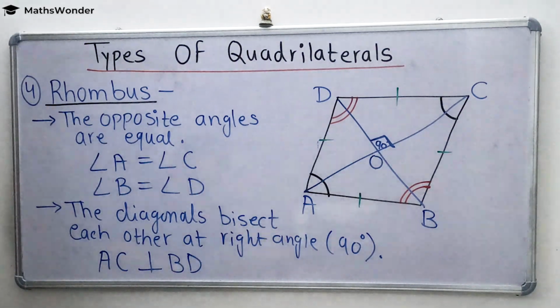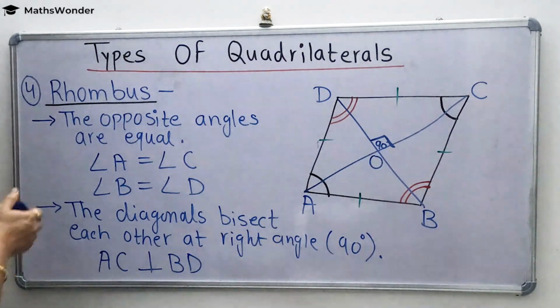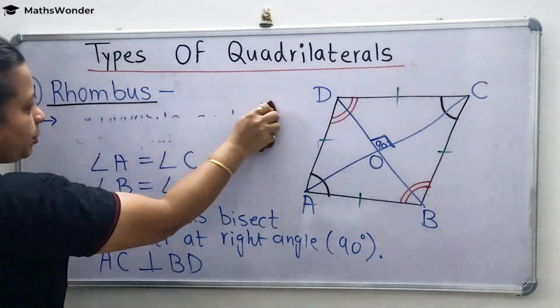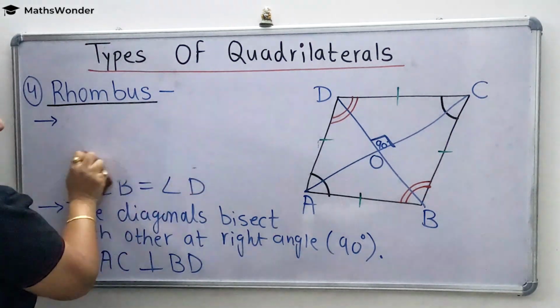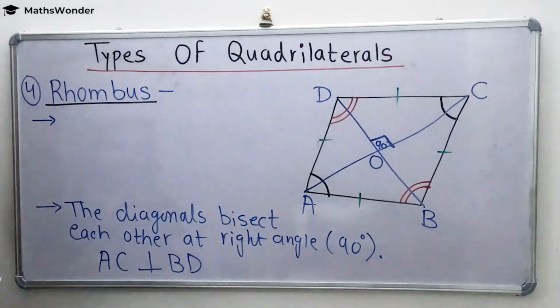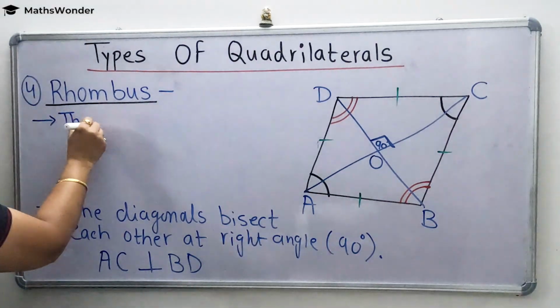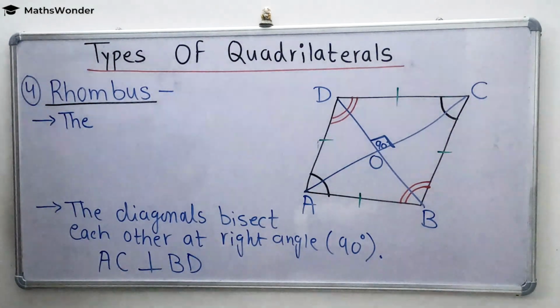Now the last property, the fifth property: the diagonals of a rhombus are perpendicular to each other.